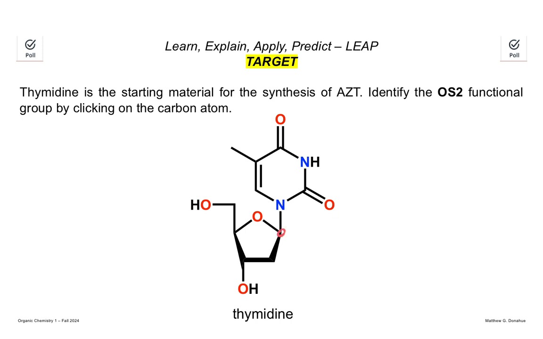Probably why that one's tricky is because you're used to seeing a double bond, like a carbonyl. That would be oxidation state 2. But a carbonyl carbon is sp2 hybridized. This one's sp3 hybridized.